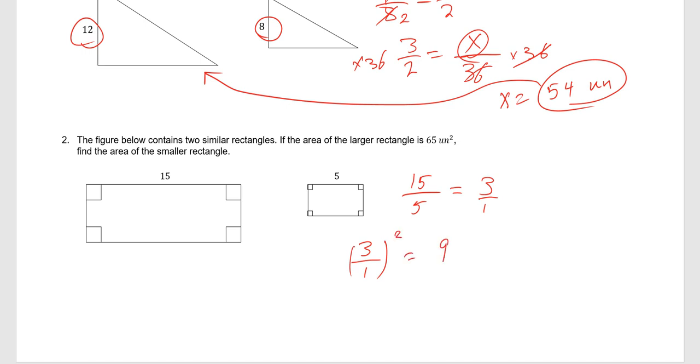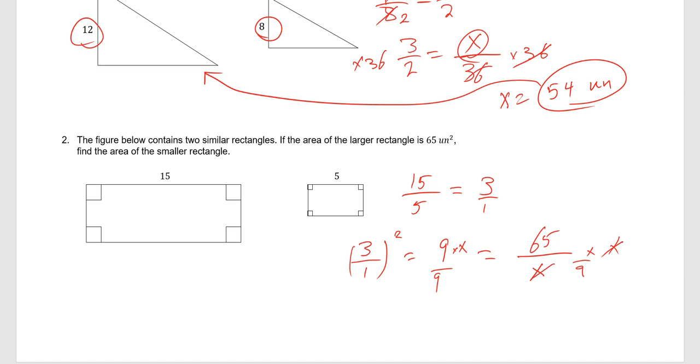Which is just 9, which is equal to the area of the larger rectangle, 65, over the area of the smaller rectangle, x. Sorry, this is just 9. So 9 times x, and then divided by 9 on both sides, to bring the 9 to the other side.